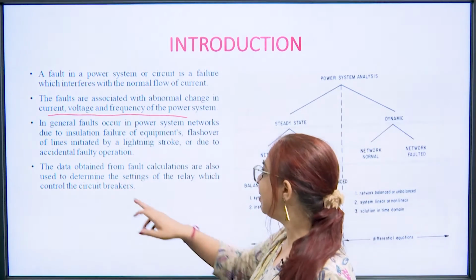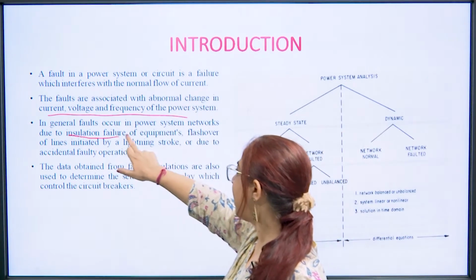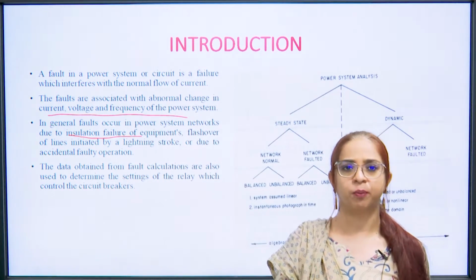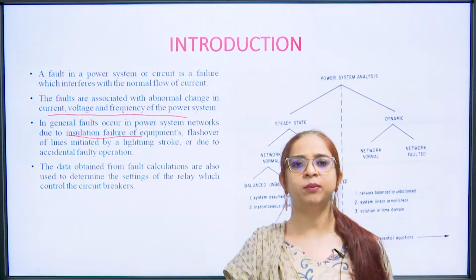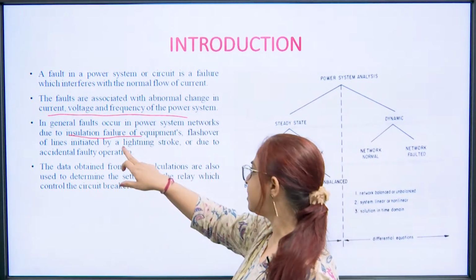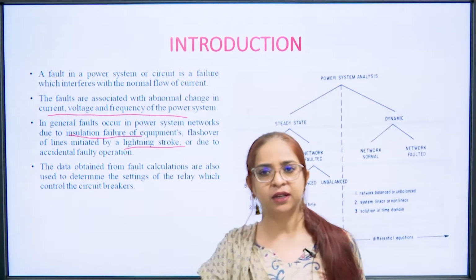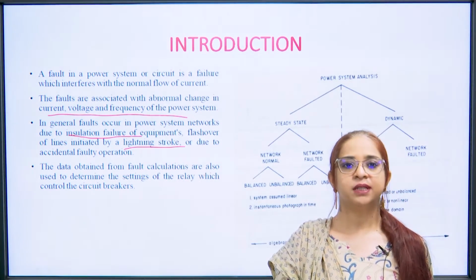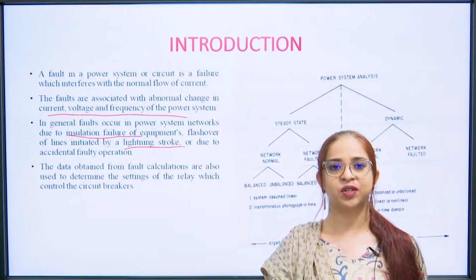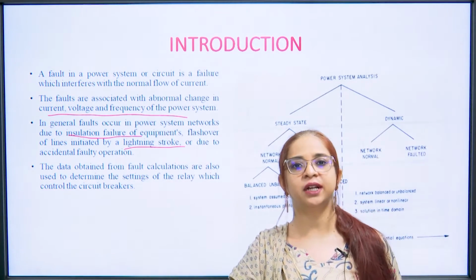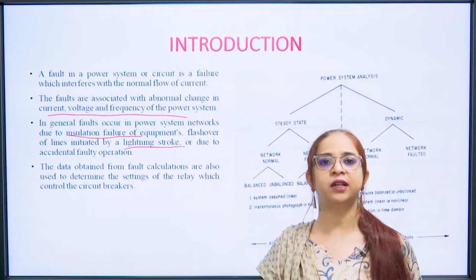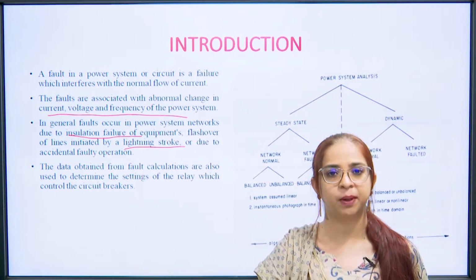So, one of the prominent reasons is insulation failure in any kind of equipment. There can be more reasons like a lightning stroke, which is a very common occurrence in rainy seasons. A sudden lightning stroke on an overhead transmission line can initiate a flashover voltage all of a sudden, and this can accidentally cause faulty operation in the power system.